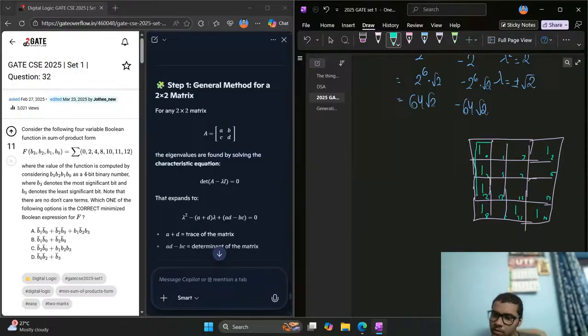You can map like this, and you can map like this, and you can map like this.